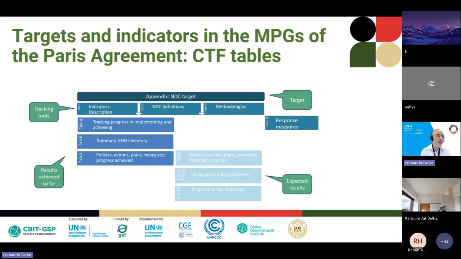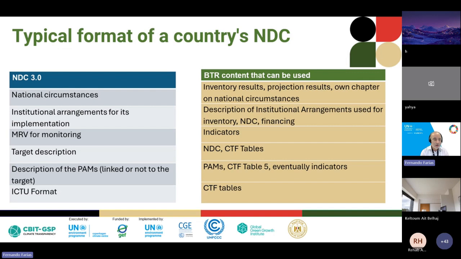And with all this information that has been produced by the countries to present their first round of BTRs, or BTR1s, many countries are using this information to prepare the next round of NDC 3.0.